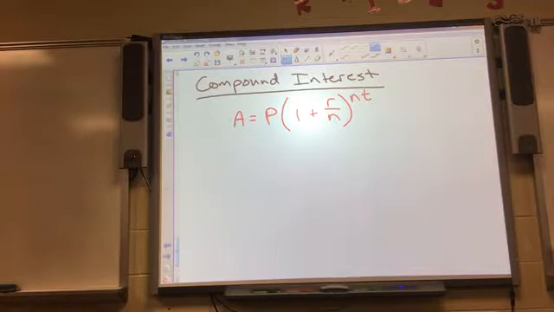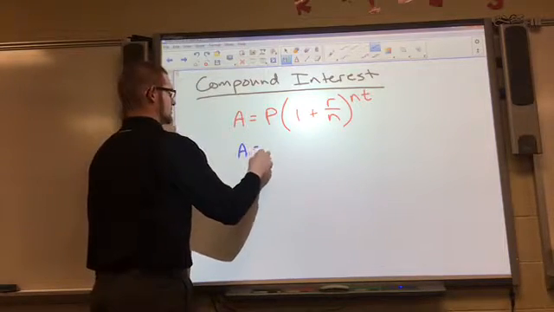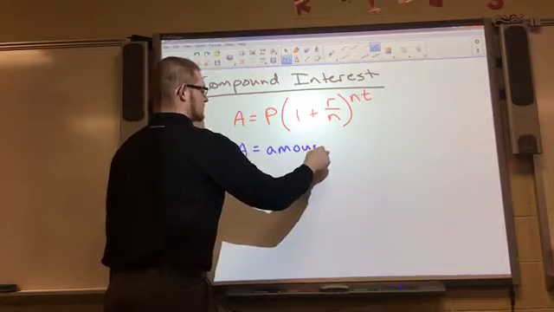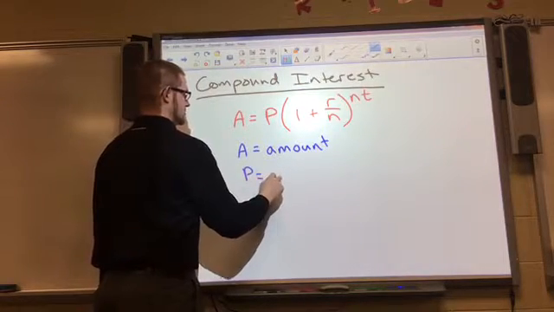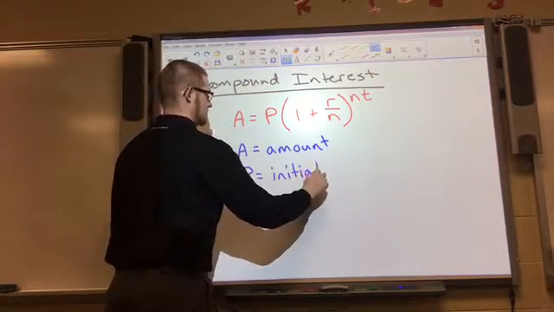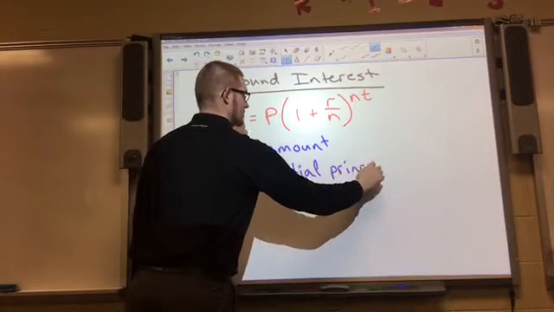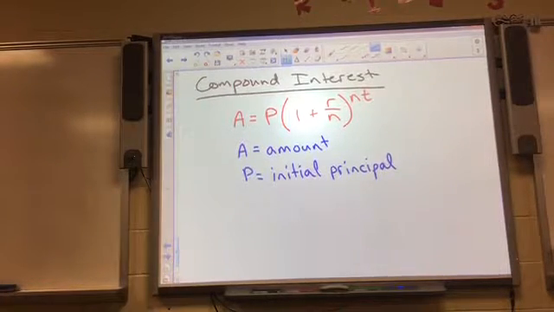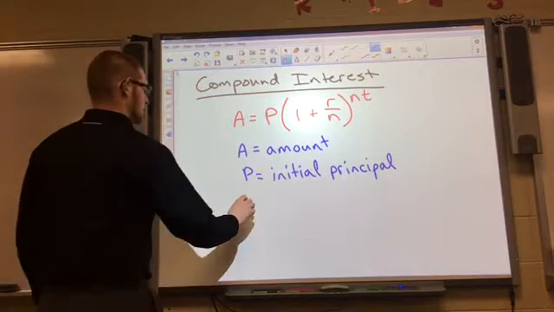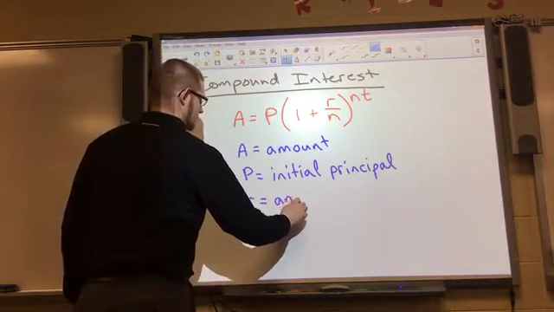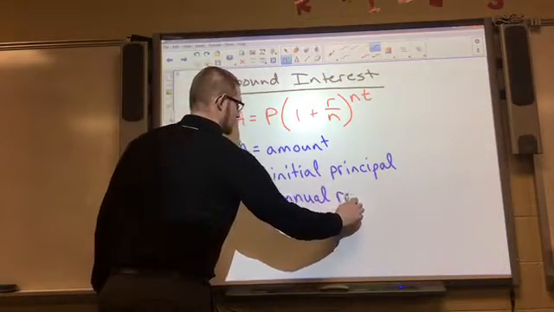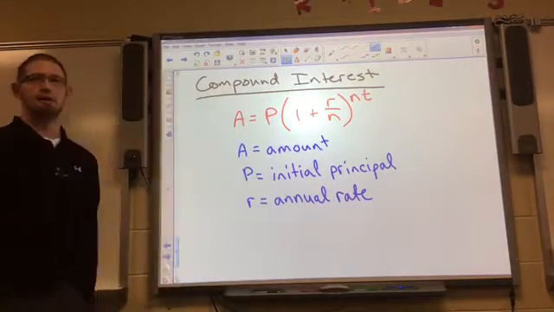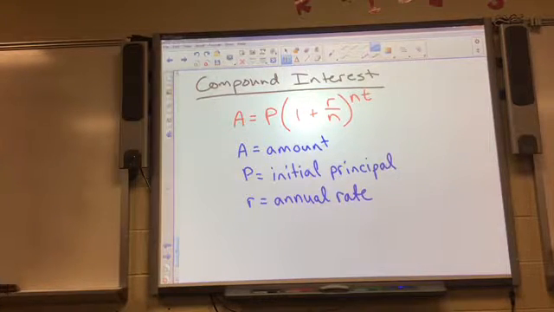What's A stand for, probably? Yeah, it's your amount. P is your initial principal. What's initial mean? Yeah, you're starting. Okay, what you started with. R is your annual rate. Now you again have to remember when you plug that in, do you plug it in as a percent or as a decimal? As a decimal.